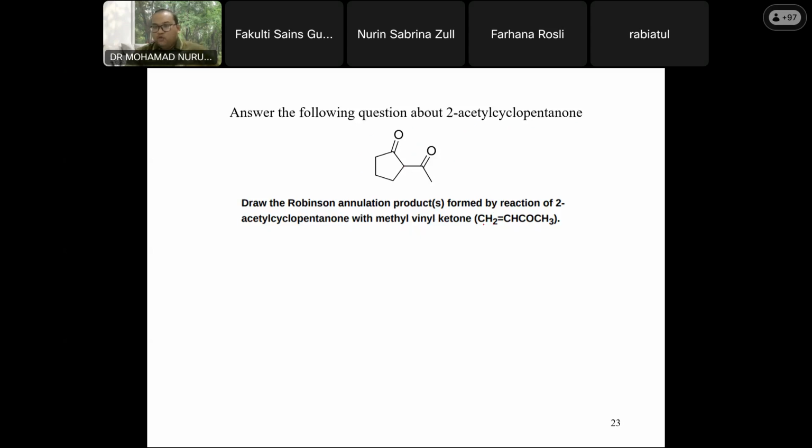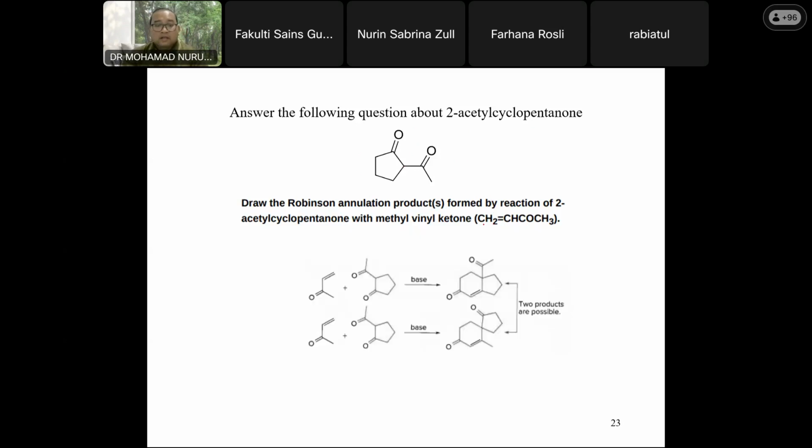And if you think this compound will give you one product, it means you are wrong. It will give you two products. Okay, so this is the product. In this case, the first one happens when it reacts with this cyclopentanone.